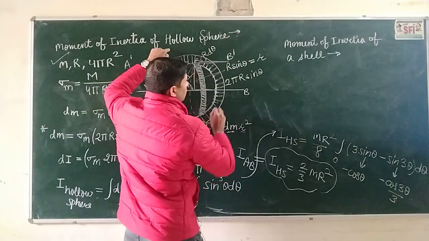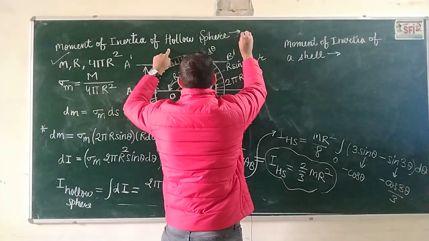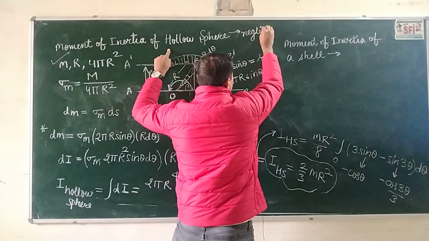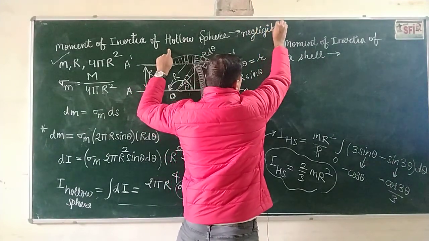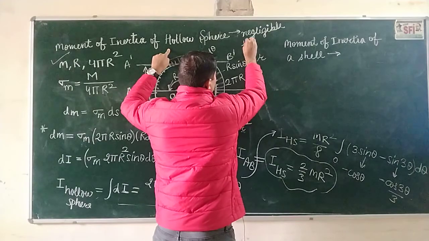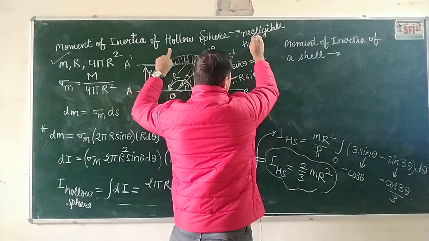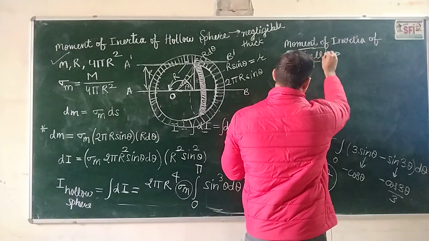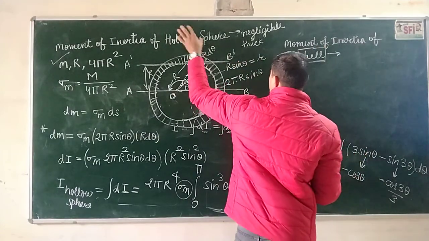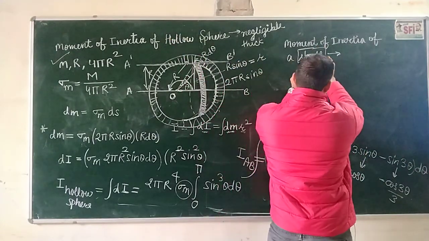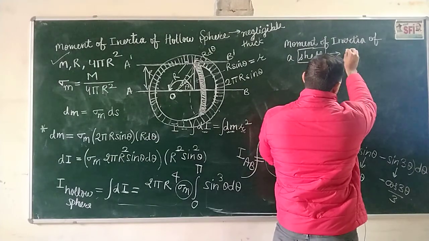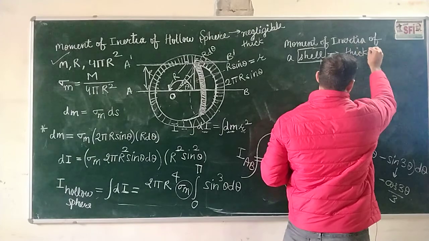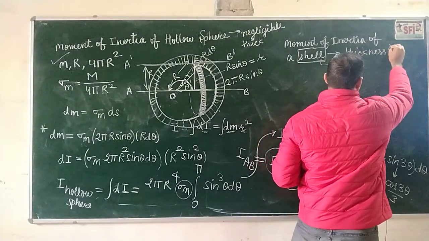In the previous topic it was of negligible thickness, so we neglected the thickness. Here we have a cell. The difference is that this is also a hollow sphere, but here the thickness is not negligible, so you have to count it.